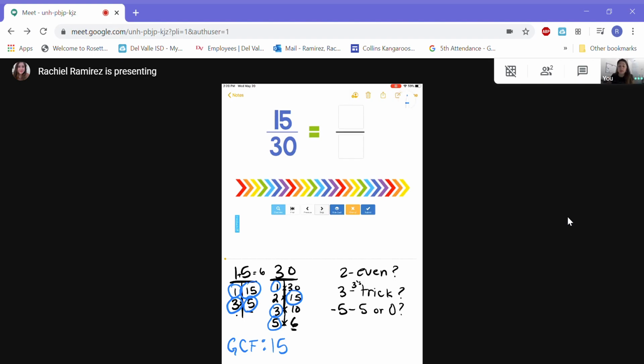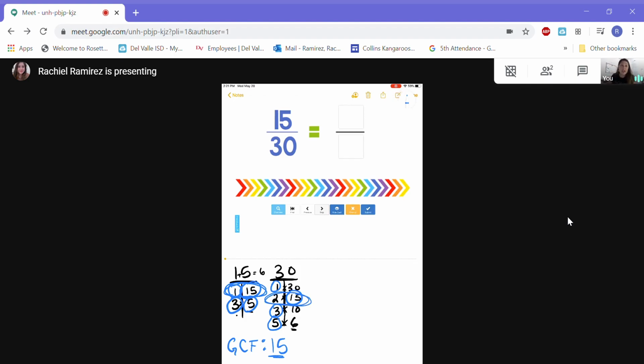Okay. The next thing that he did was he created the simplest fraction by using the pairs. So if you look for 15 on both of those T-charts, we see that 15 is here and it's connected to 1. 15 is here and it's connected to 2.